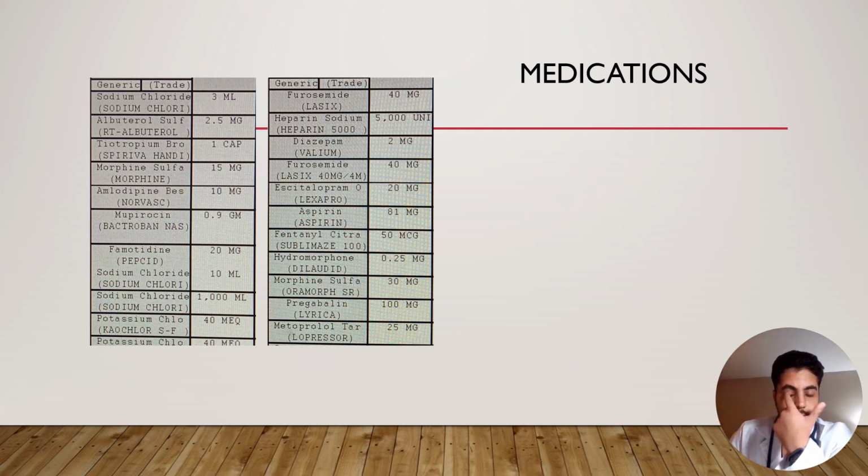There are some medications here. That's the medication, and I listed it here for you guys, and you can see it. Sodium chloride 3 ml, albuterol 2.5. Every medication and the dosage of it, you can see it.